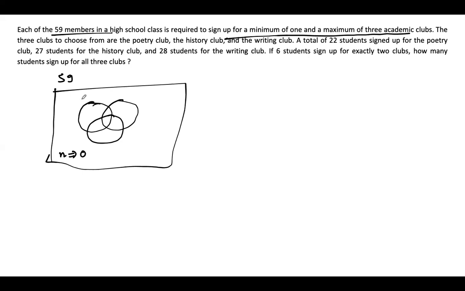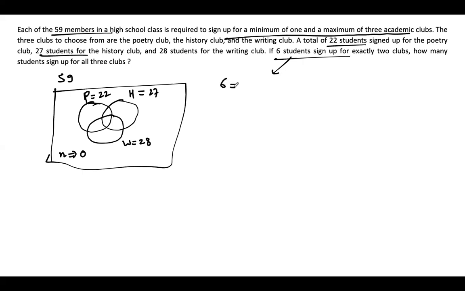The 3 clubs are the poetry, the history, and the writing club. A total of 22 students signed up for poetry, 27 for history, and 28 for writing. If 6 students sign up for exactly 2 clubs, how are you going to write exactly 2 clubs?